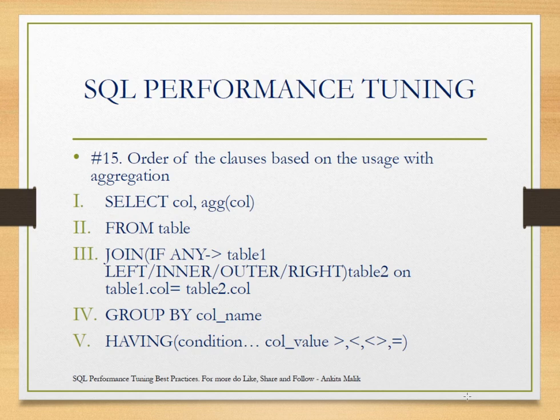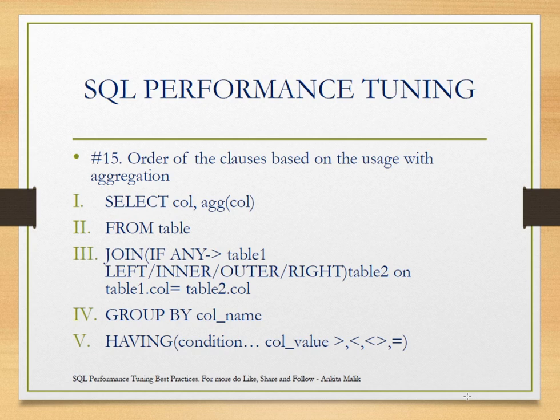Last but not the least, the order of the clauses based on the usage with aggregation. So how can you do that? Whenever we are aggregating the data, we have to specify that aggregated column along with the specific column on which you are going to perform the GROUP BY. You can do it in this manner: SELECT, then column, then aggregate, FROM table, JOIN if it is required, whether left join, inner join, outer join, right join, or any other type of join.